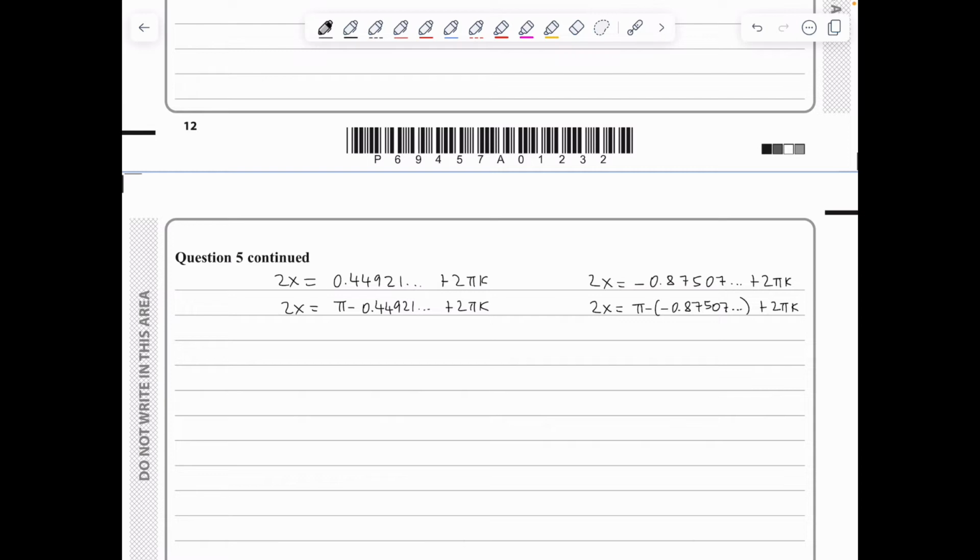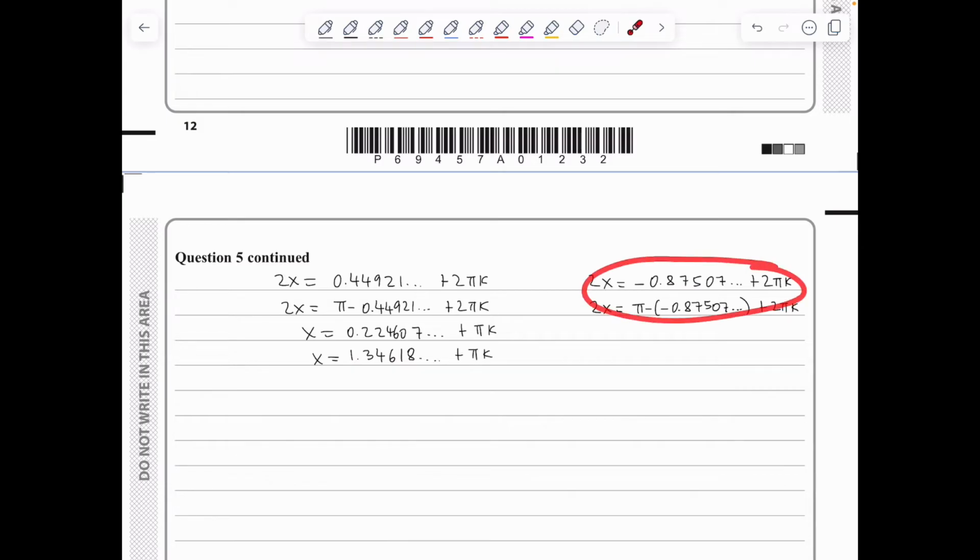I need to make x the subject and then generate all solutions. So if I take the first one and divide throughout by 2, I get x is 0.22467... plus pi k. And if I take the second formula here and divide by 2, I get that x is 1.34618... plus pi k.